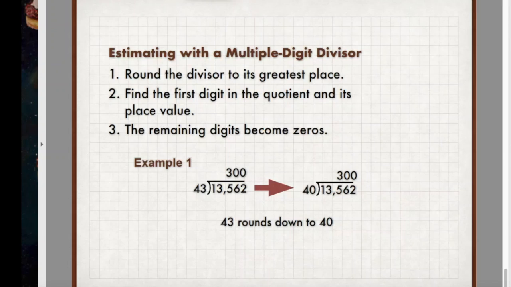No. 40 goes into 135 3 times. So 3 times 40 goes into 135, and then the rest are going to be zeros. So 43 rounds down to 40. Round the divisor to its greatest place, find the first digit in the quotient, and then the rest become zeros. That's pretty easy.